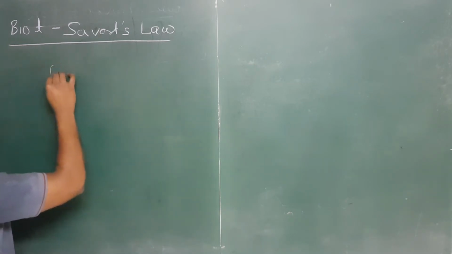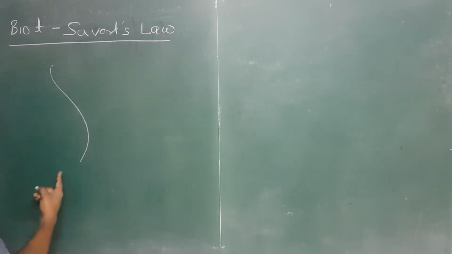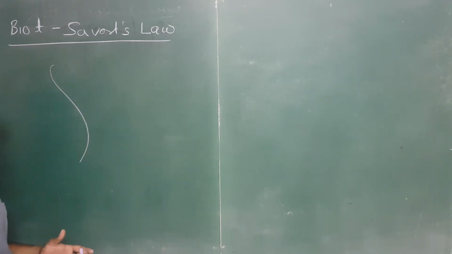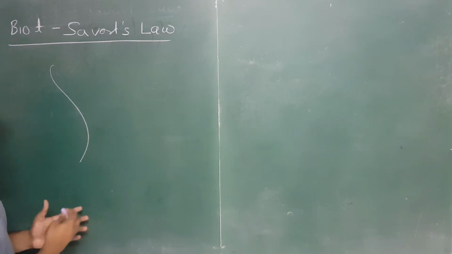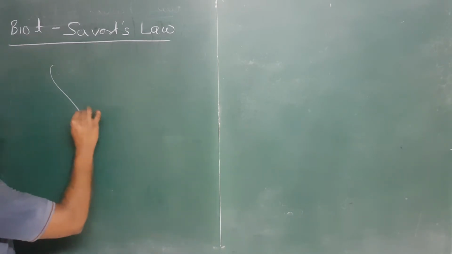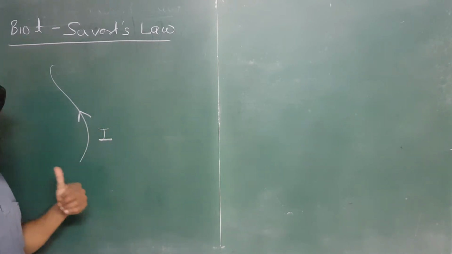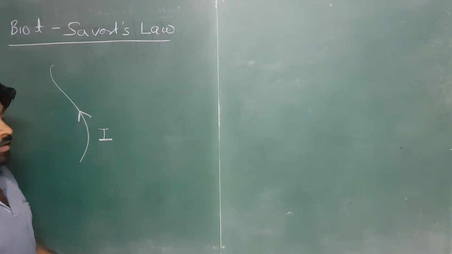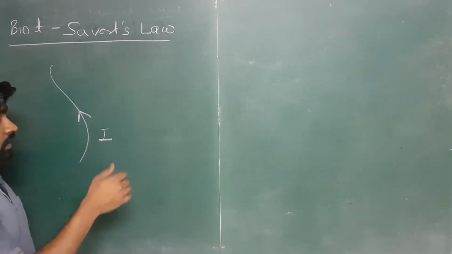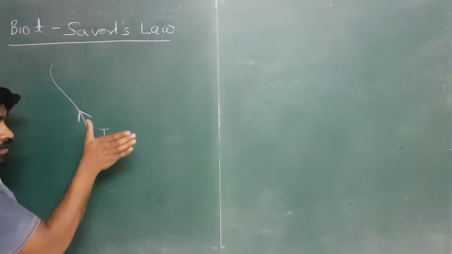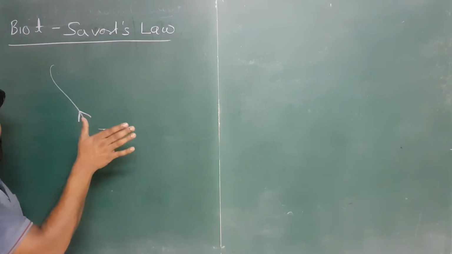Let's suppose there is a line wire. It does not have to be a straight wire; you can take any shape of wire, right? It is carrying current I. If I hold this wire in my right hand, the thumb shows the direction of the current and the curl of the fingers shows the direction of the magnetic field.